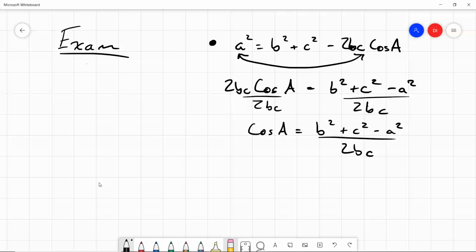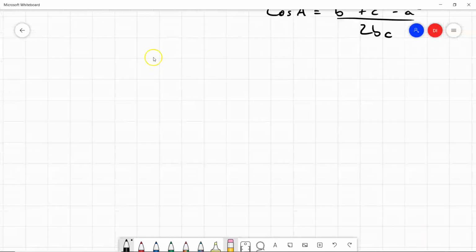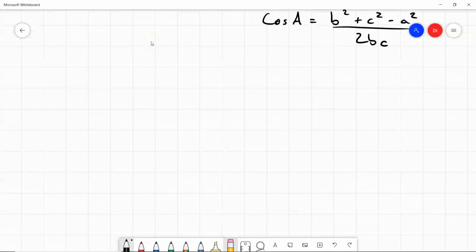But yeah, any specific problems that y'all wanted me to go over or talk about? The area one? Yeah. The two triangles in one, do you mean it's like this?